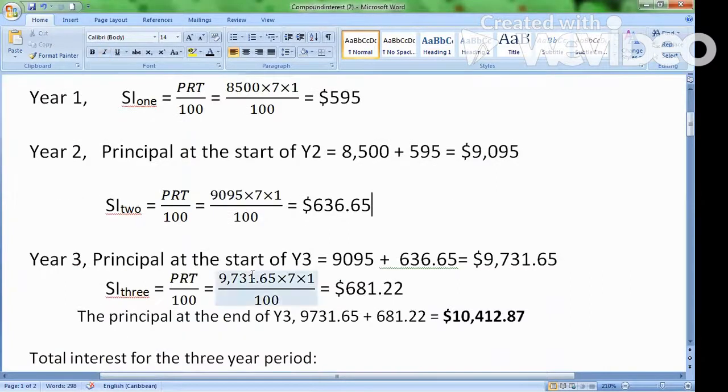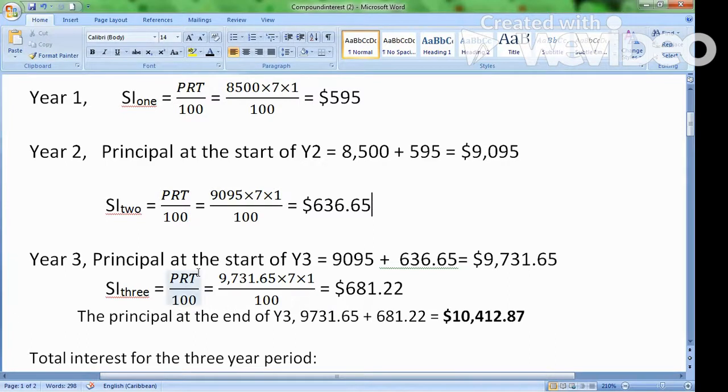So guess what? At the start of year 3, you're going to have a new principal. When you notice, the principal keeps getting what? Bigger and bigger. All right. Can you imagine if you invest money, how this would probably feel sweet for an investor, not true? So the new principal for the 1st of January would be 9,731.